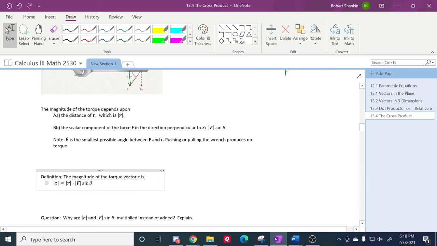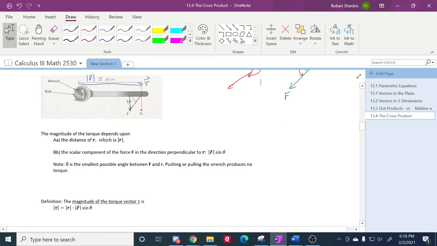All right, so this definition of torque, the magnitude of the torque vector tau, is something that hopefully makes a little bit of intuitive sense.